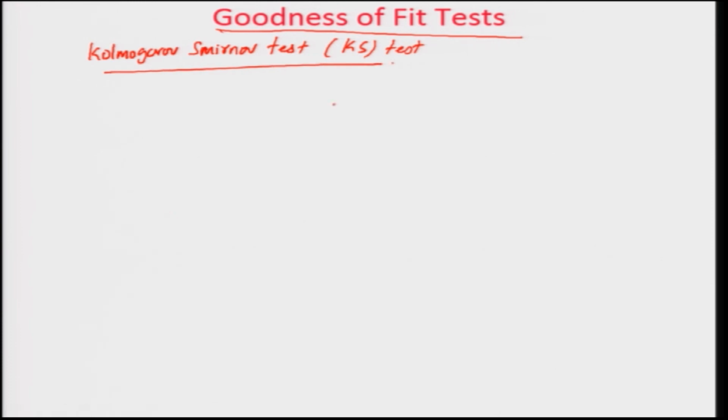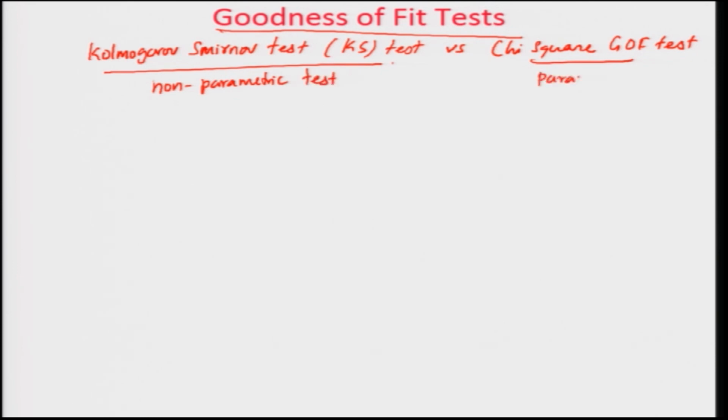The biggest difference is versus the chi-square goodness of fit test. This test is a non-parametric test, and the chi-square is a parametric test.